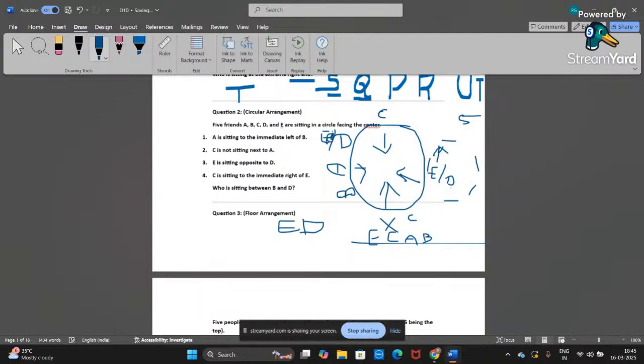Then all the alphabets are completed. Who is sitting between B and D? It should be A, right? A is the answer.